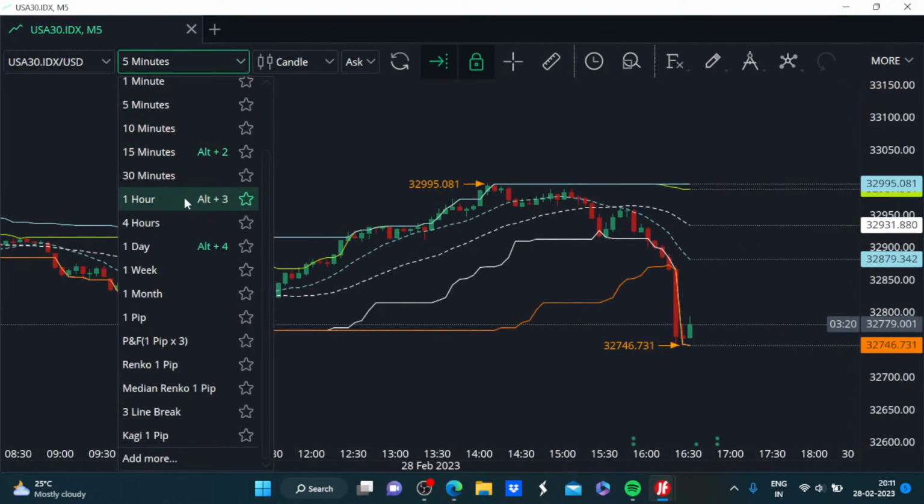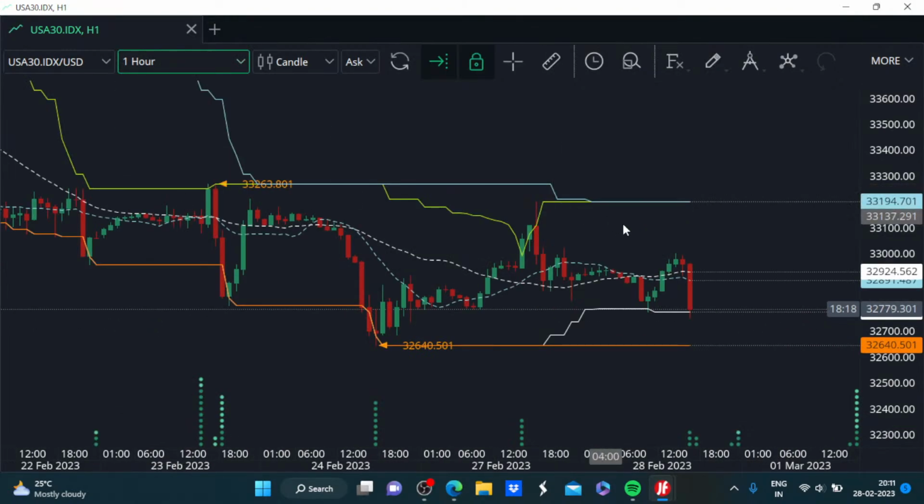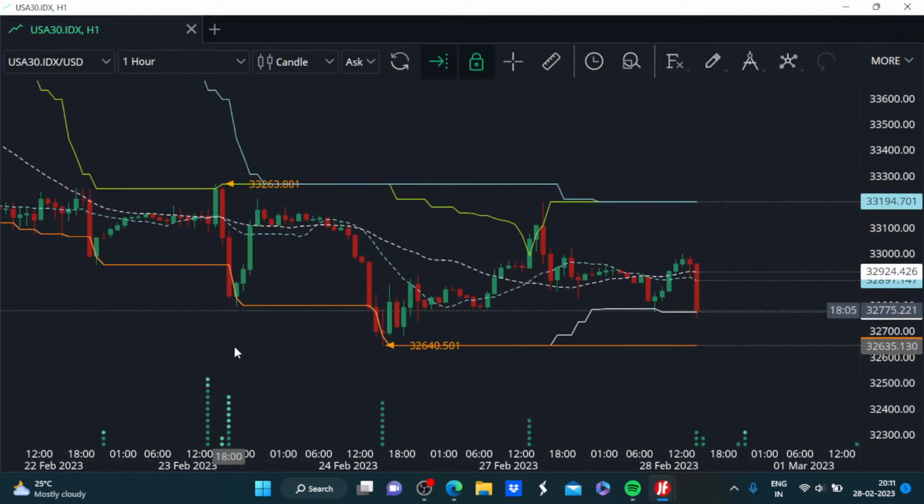And if we consider the medium term charting, that is also looking increasingly bearish with the possibility of a further break toward these 32,600. Strong possibility is developing on that side.